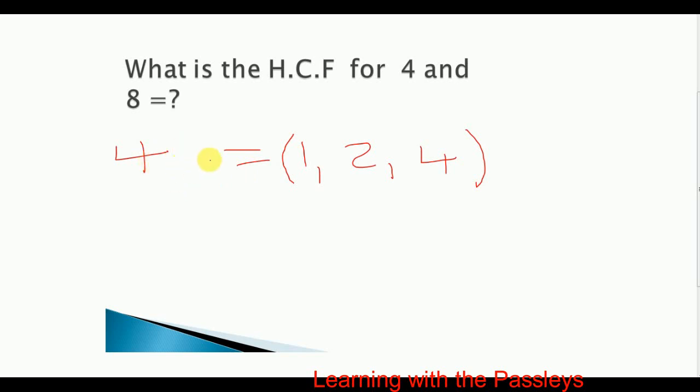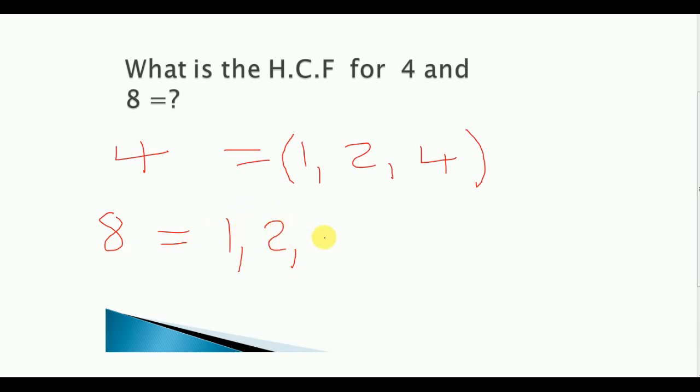No remainder is left. Let us find factors of 8. 1 into 8 goes 8 times, 2 into 8 goes 4 times, 4 into 8 goes 2 times, 8 into 8 goes 1 time.